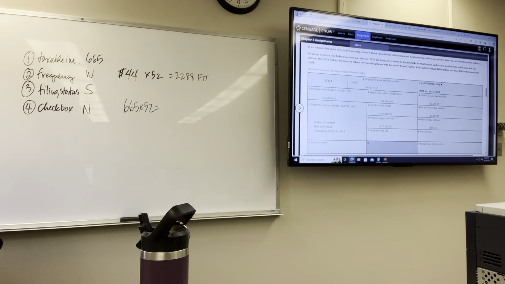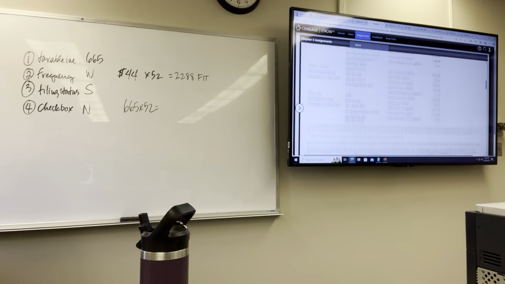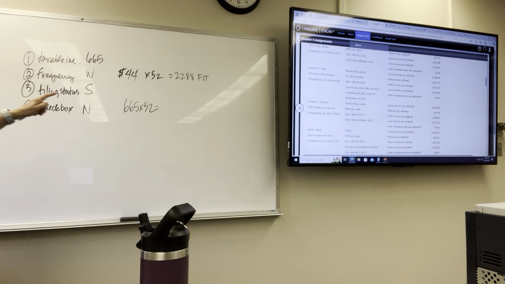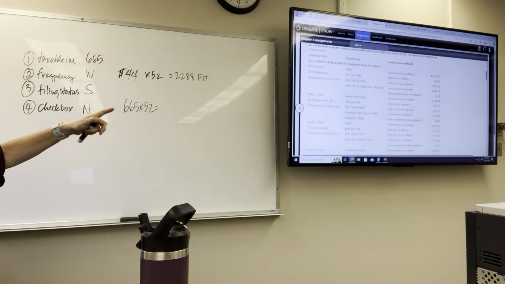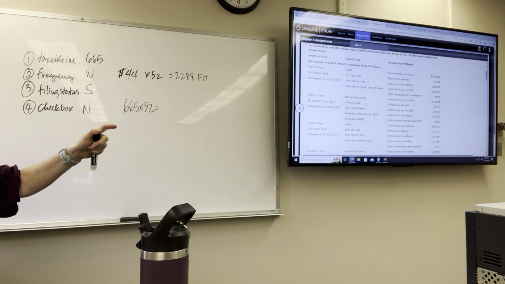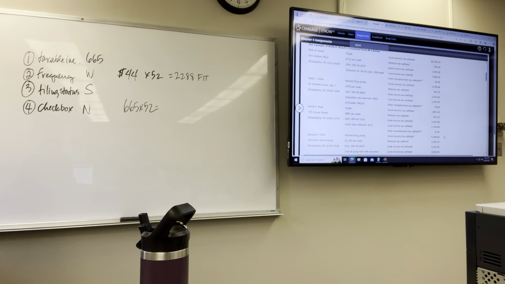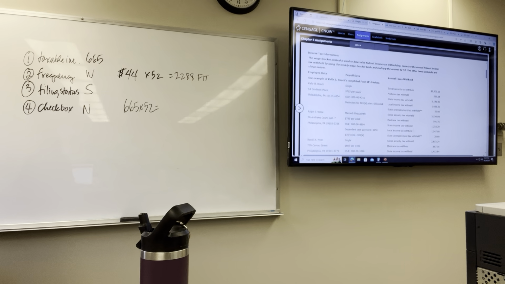Now you can see Social Security wages are different because the 401k is not pre-tax for Social Security and Medicare tax purposes. One little trick, and you guys could probably figure this out as well, is to take the Social Security tax withheld and divide it by the tax rate.